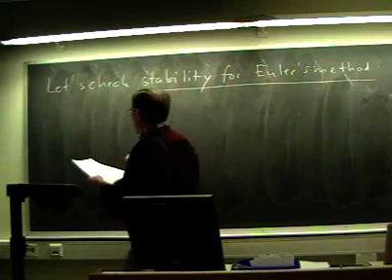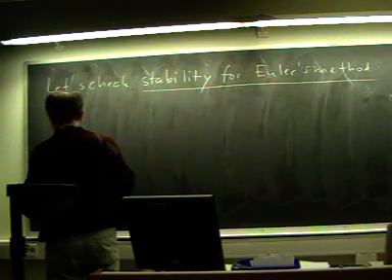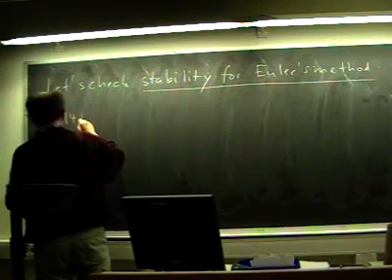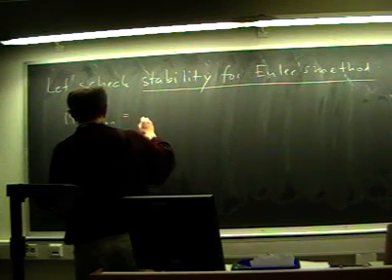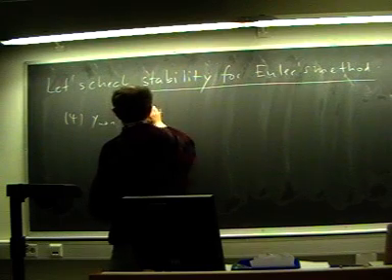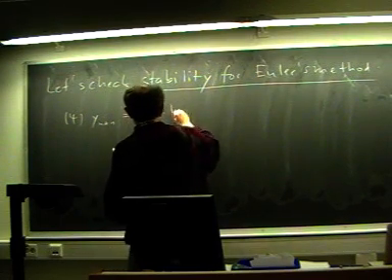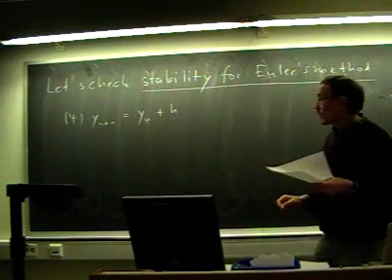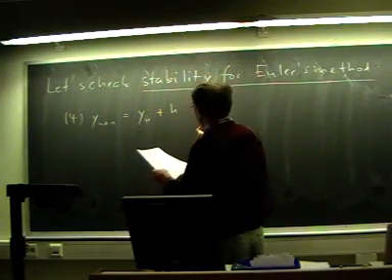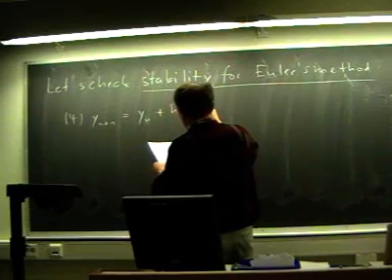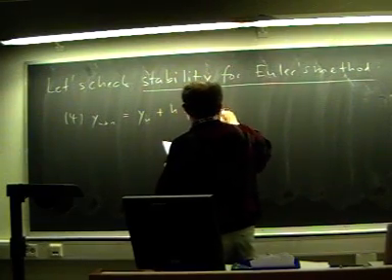And there we had Euler's method that we derived yesterday. yn plus 1 is yn plus, now we assume that we take the constant grid spacing h, constant time step, times f of tn yn.